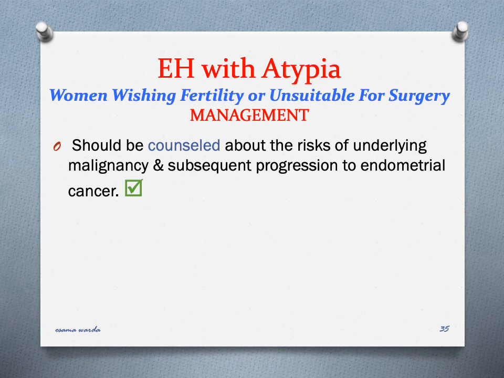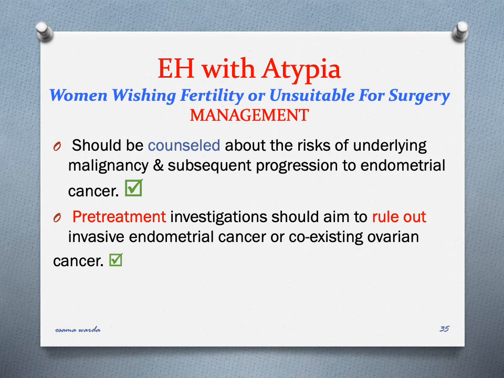They should be counseled about the risks of underlying malignancy and subsequent progression to endometrial cancer. Pre-treatment investigation should aim to rule out invasive endometrial cancer or coexisting ovarian cancer.